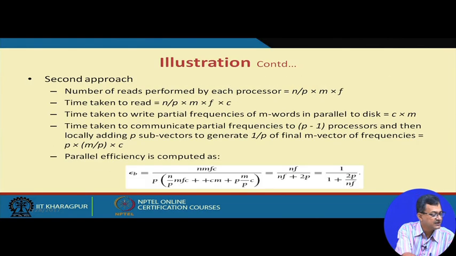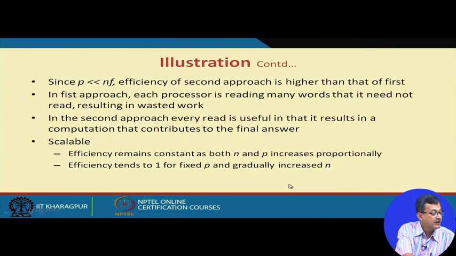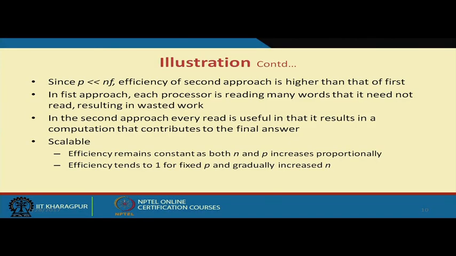Now, there is an interesting phenomenon. The term we are having here is 1 plus 2 p by n m, right. So, in this case, if p is many times less than n f, the efficiency of the second approach is higher than that of the first.